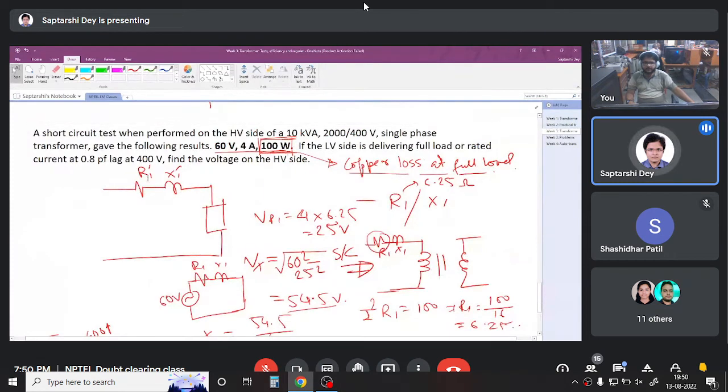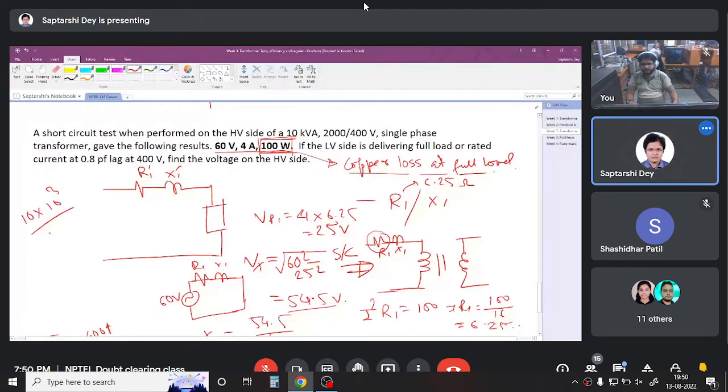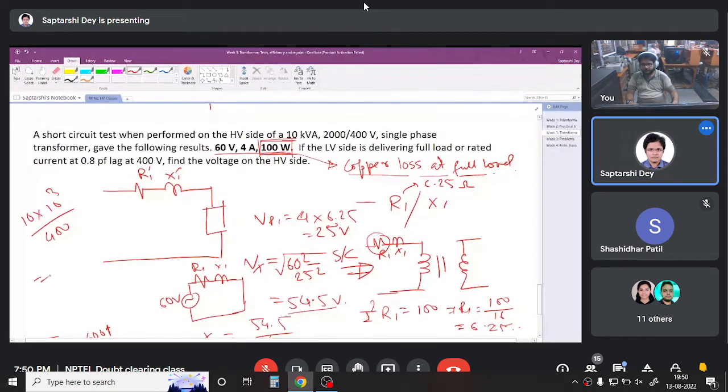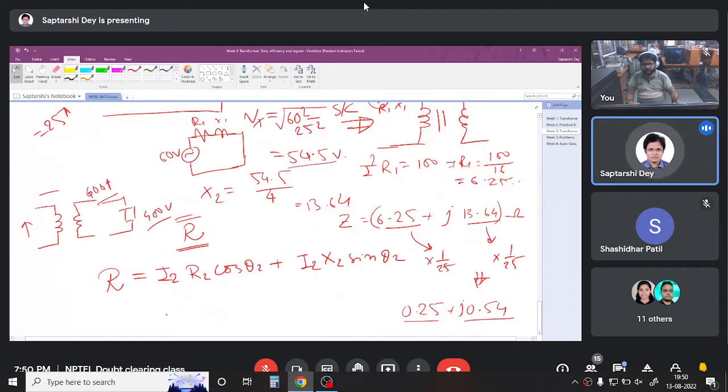Rated current at 0.8 power factor load. What is the rated current at the secondary? Rated current at the secondary is 10 kVA by 400, 25 ampere, right? Let me check. 25 ampere. So it is giving 25 ampere at 0.8 power factor load.